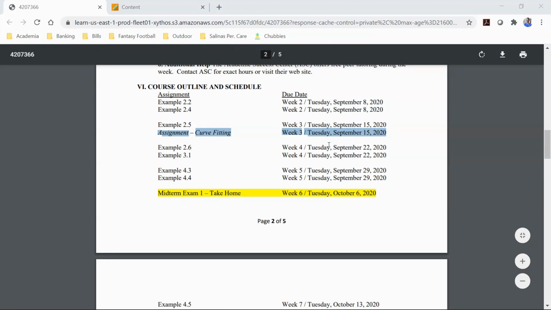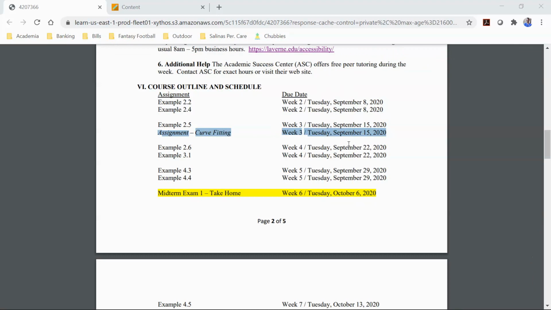It's really not that long of an assignment. All the assignments, including this one, the first 4, nothing's due until Tuesday, September 15th, and you probably have these 3 done already, so make sure you get these 4 assignments done by next Tuesday.